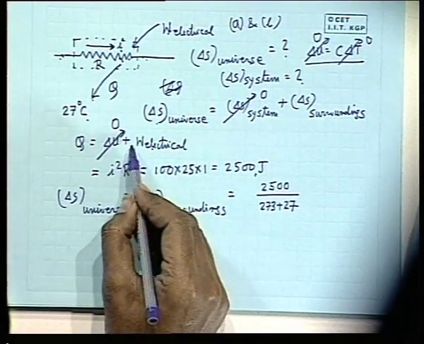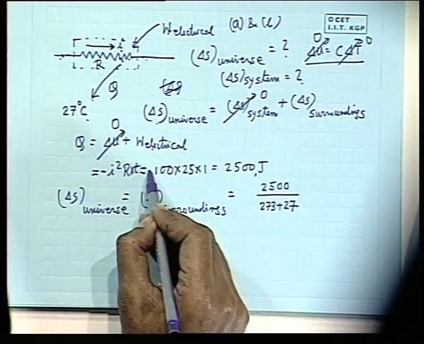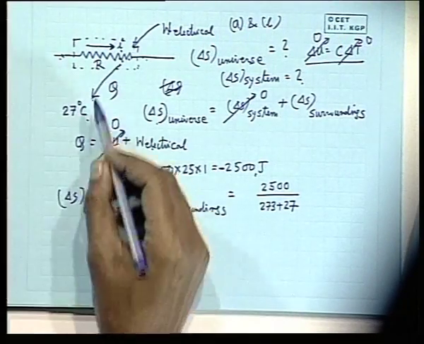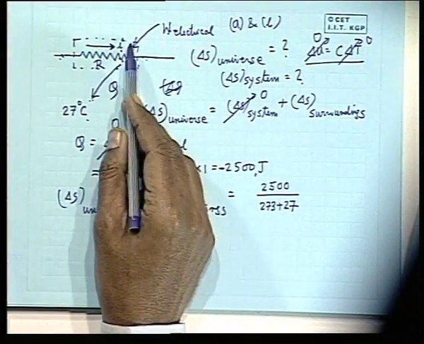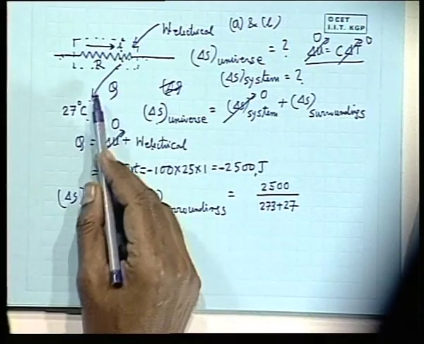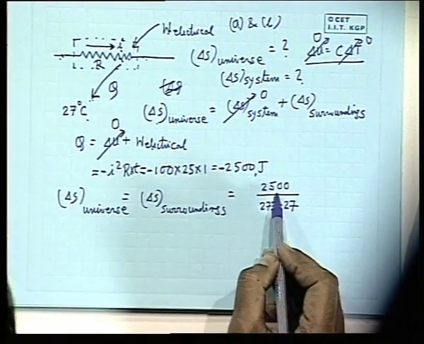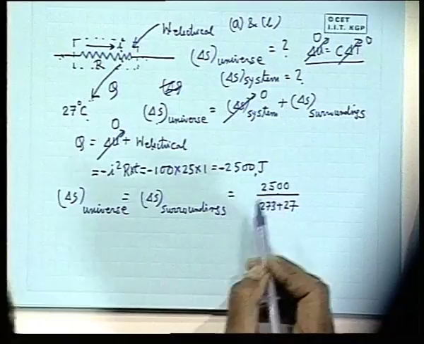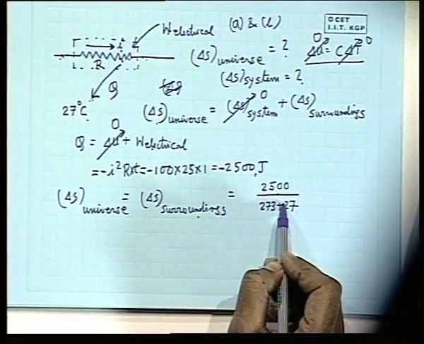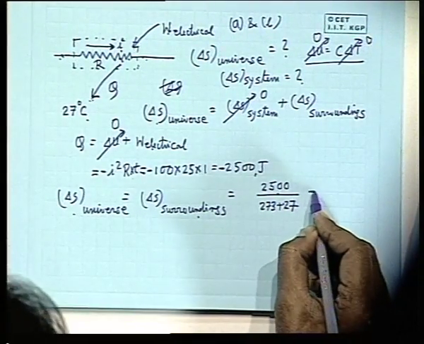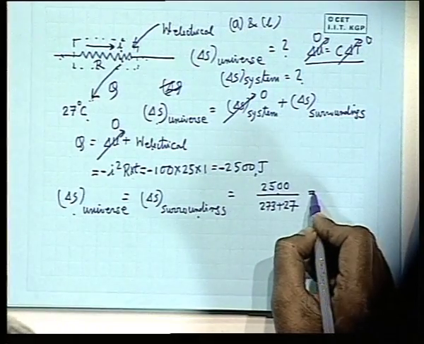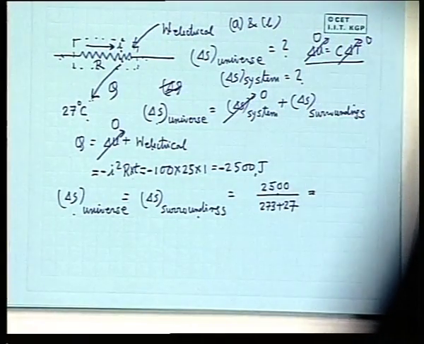So, we can write that Q comes out minus, which means that heat is coming out from the system. With reference to the surroundings, it is heat taken by the surroundings. So, delta S surroundings is positive. That is why delta S universe is positive, and that value becomes equal to how much?